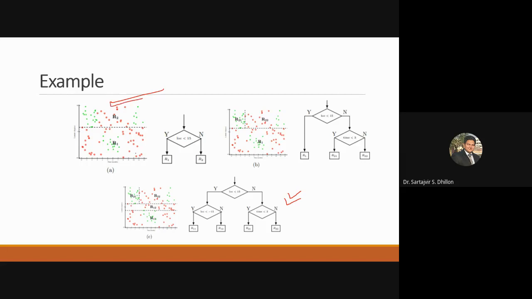Let me cover this example a little bit. Here we have a space which is divided into two parts, with LOC on one axis and time on the other. In LOC, if LOC is less than 15, then we can say it is region 1.